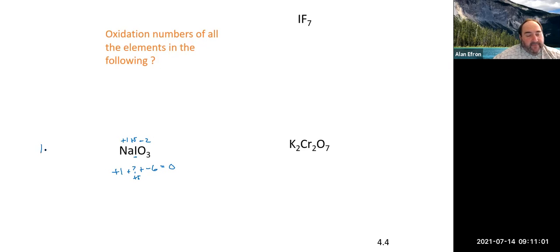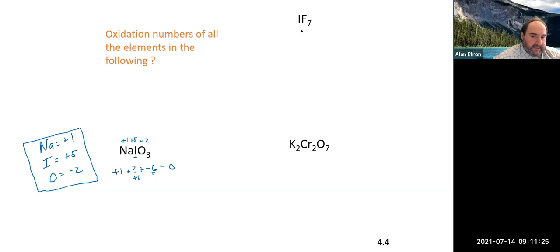So if we were properly displaying our oxidation numbers here, it would be +1 for sodium, iodine would be +5, and oxygen would be -2, not the grand total, but just -2 for each of those. Any questions on any of those?